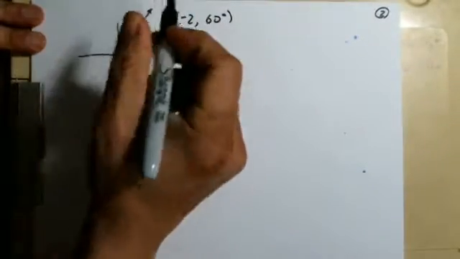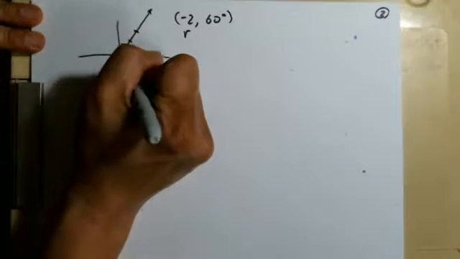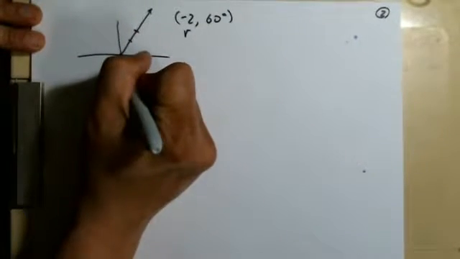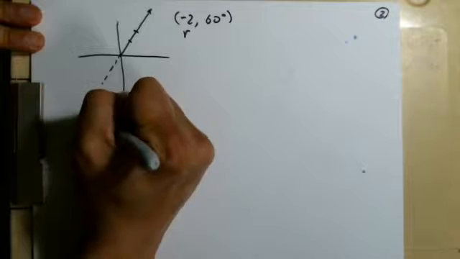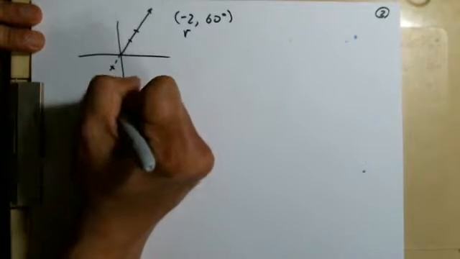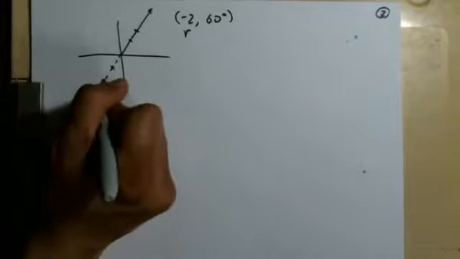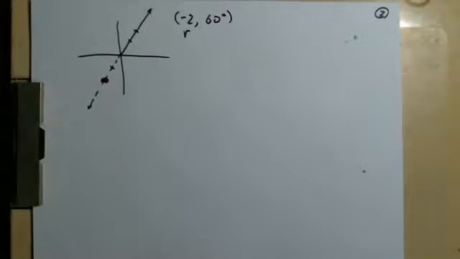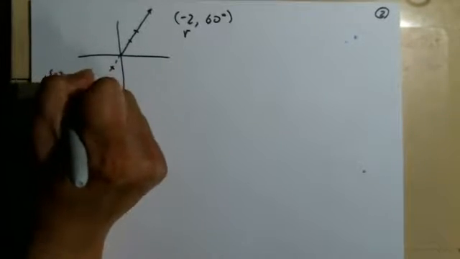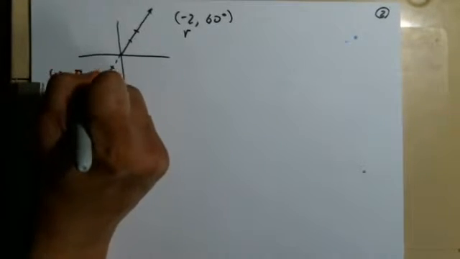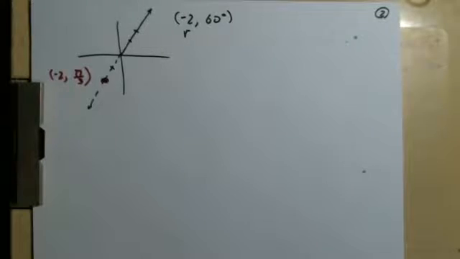So there it is right there. But instead of going positive 2 radius, we're going to go the opposite direction of a radius of 2. That'll be 1, 2. So that point would be located right over here. Okay, and that's your answer. Negative 2, comma, pi over 3.